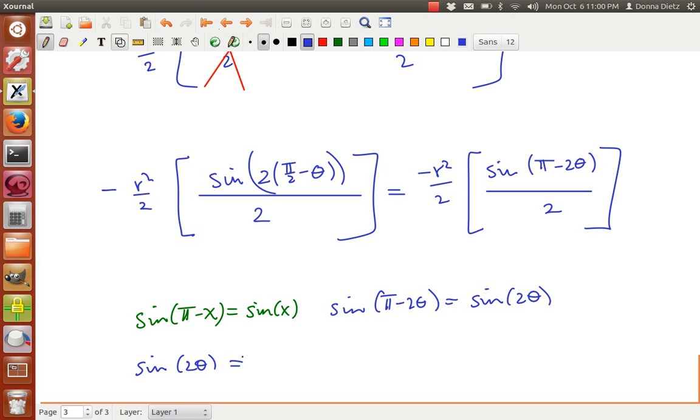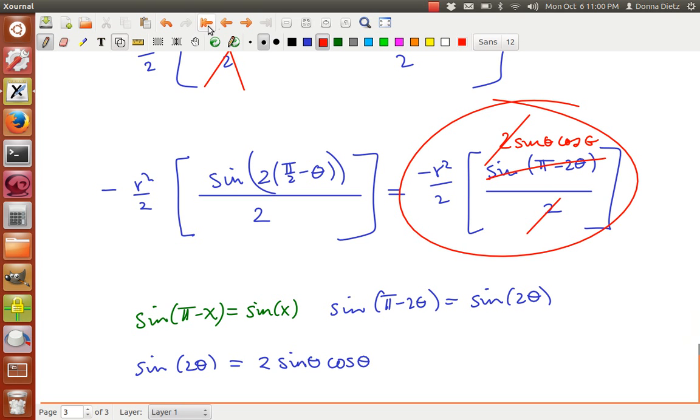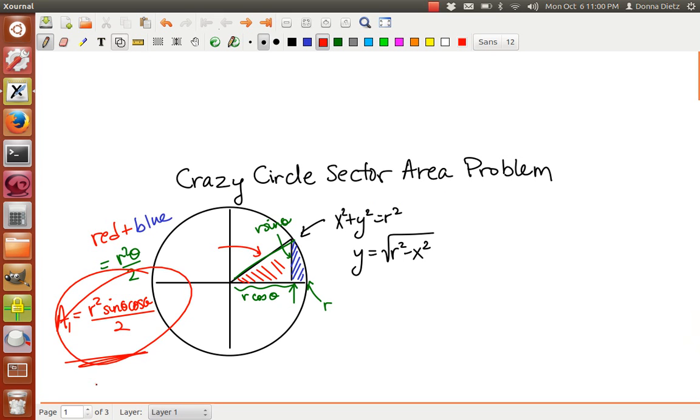We happen to know that that is 2 sine theta cosine theta, and we are really happy because we are done, because this is equal to 2 sine of theta cosine theta. The 2's cancel. This whole mess now cancels with this mess, and we end up with the red plus the blue equals r squared theta over 2 as promised.